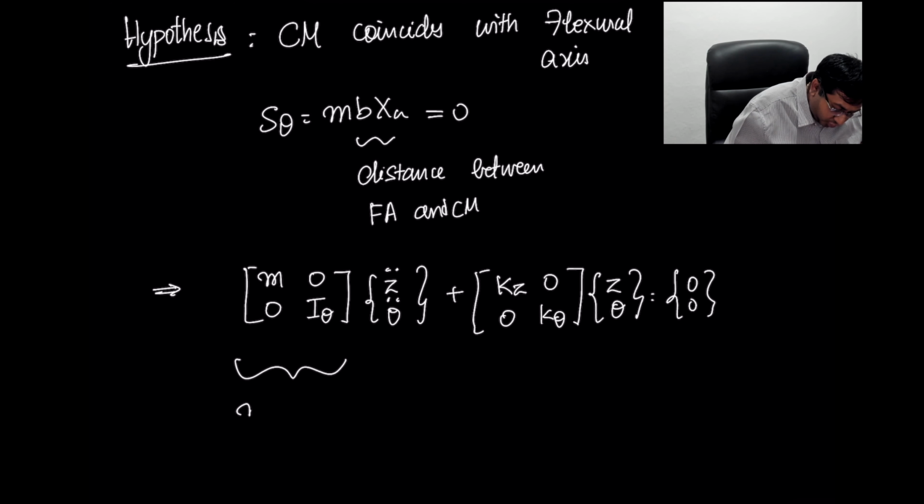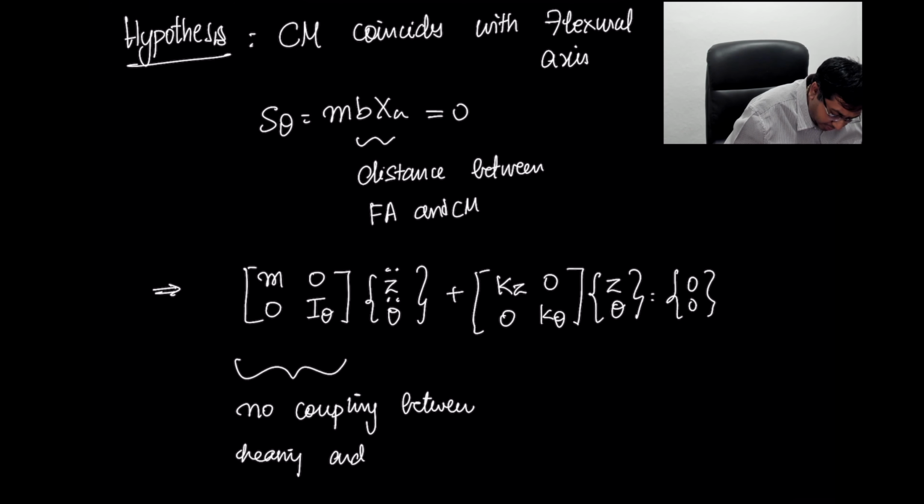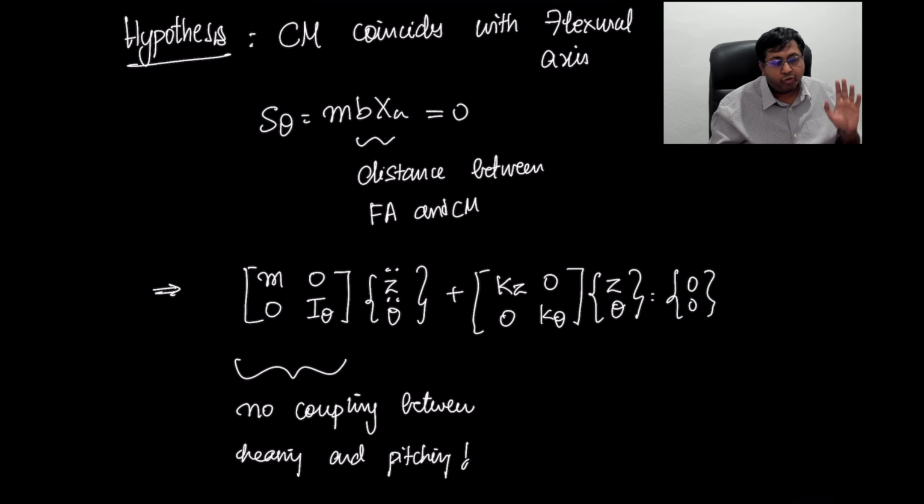So there is no coupling between heaving and pitching. This is almost impossible. This is almost not possible at all, but it is just a scenario for us to understand the implication of when each of these terms goes to 0.